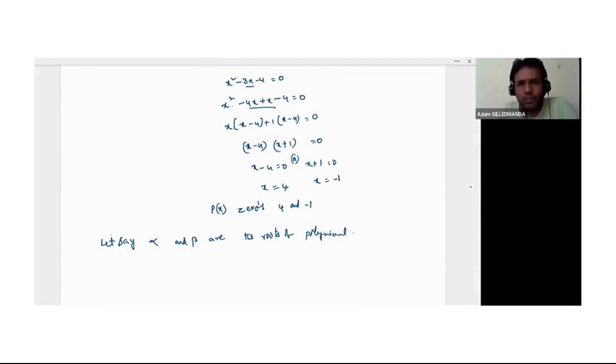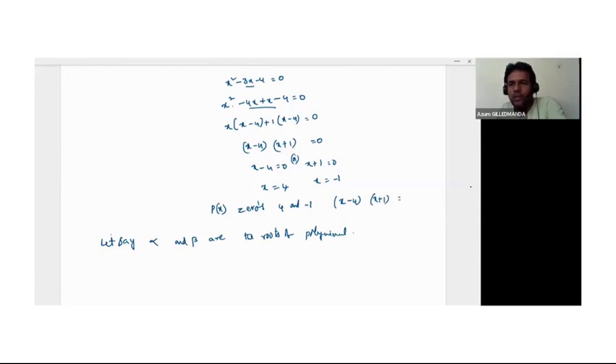Here, x is 4 and x is minus 1. In this case, x minus 4 is one factor, and x minus of minus 1, the other root, so x plus 1.